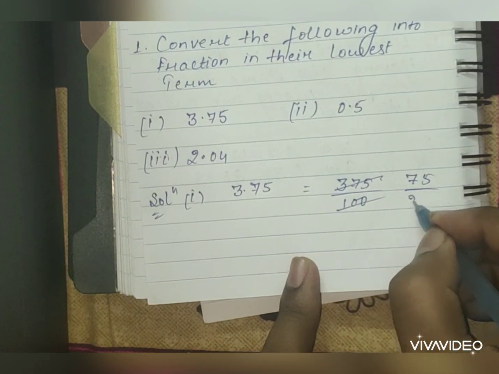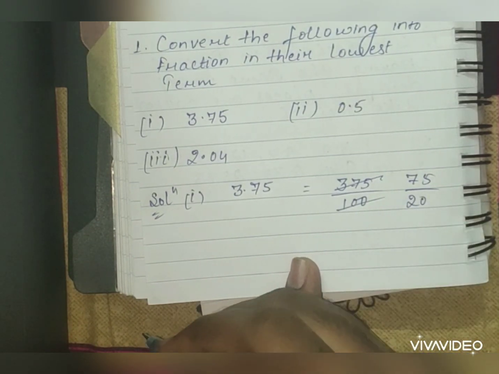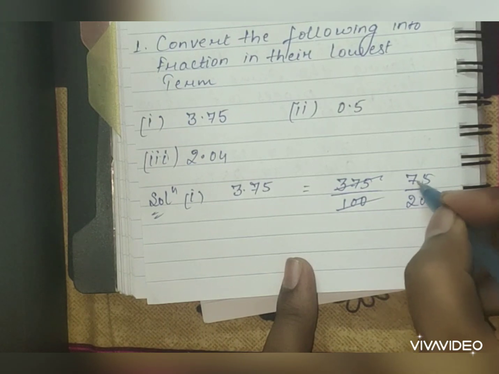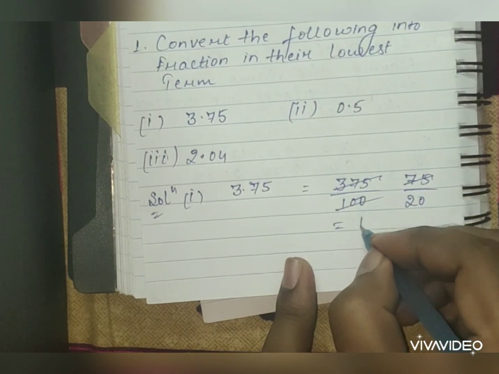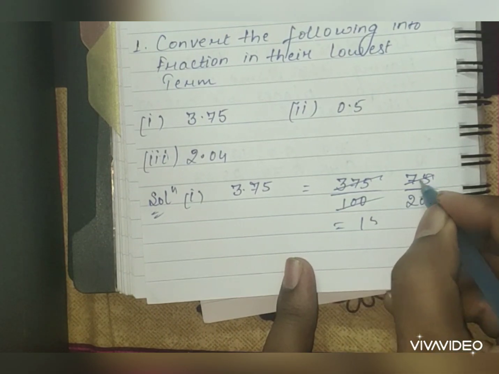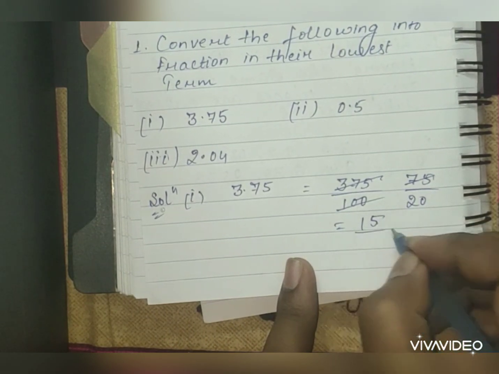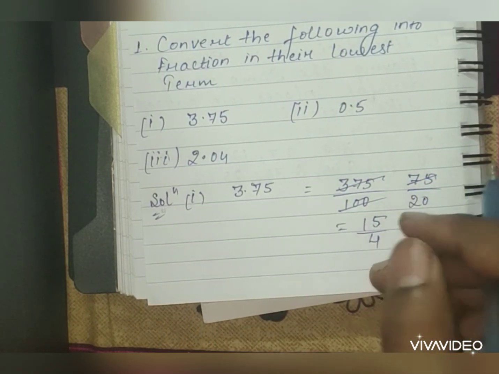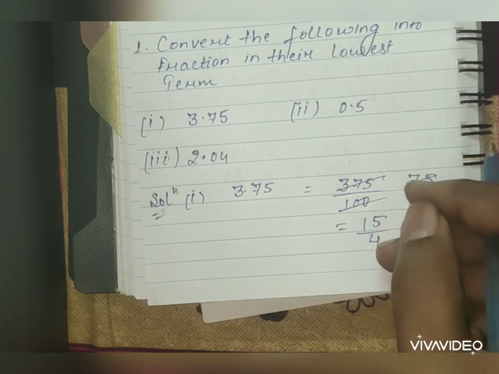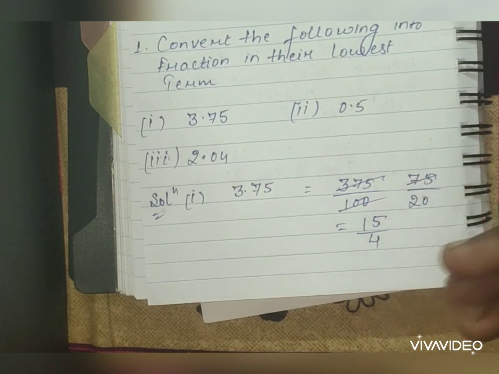Then 5 2s are 10. Then 0. Again it can be solved further. I am writing it here. 5 1s are 5. Then 2 is left. 5 5s are 25. And 5 4s are 20.